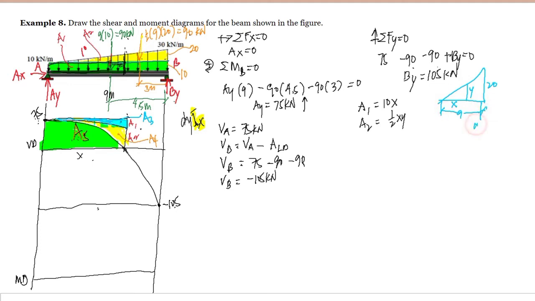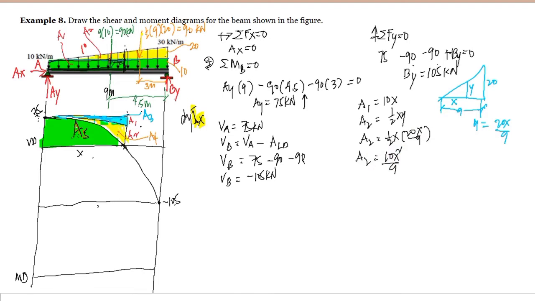We have here y is equal to 20x over 9. So, yung area 2 natin is equal to 1/2 x times 20x over 9, which is equal to 10x squared over 9. From here, alam natin na yung pinagsamang area 1 and area 2 is just equal to 75.